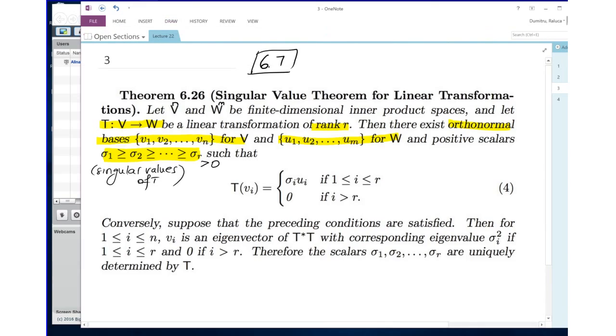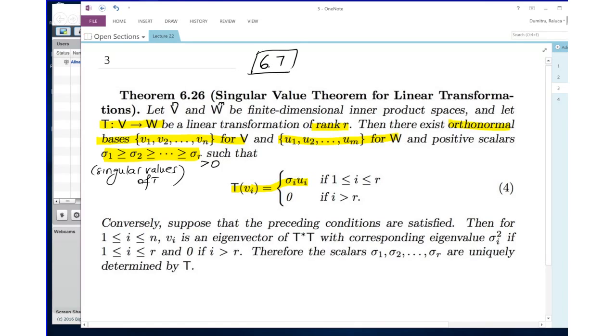Non-zero exactly R. What was R? The dimension of the range of T, or the rank of T. So for each of those non-zero scalars, T of Vi is sigma i Ui. So you're moving Vi from the first space into the second space where the basis was Ui.